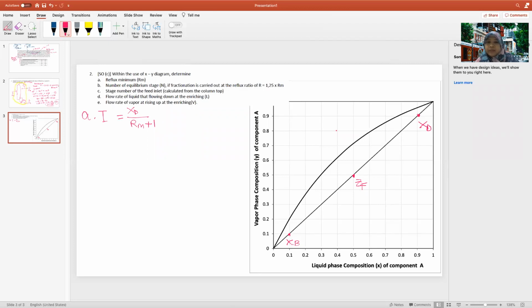The q line, ma'am. The q line, right. q is 0.5, so the slope is q divided by q minus 1, isn't it?